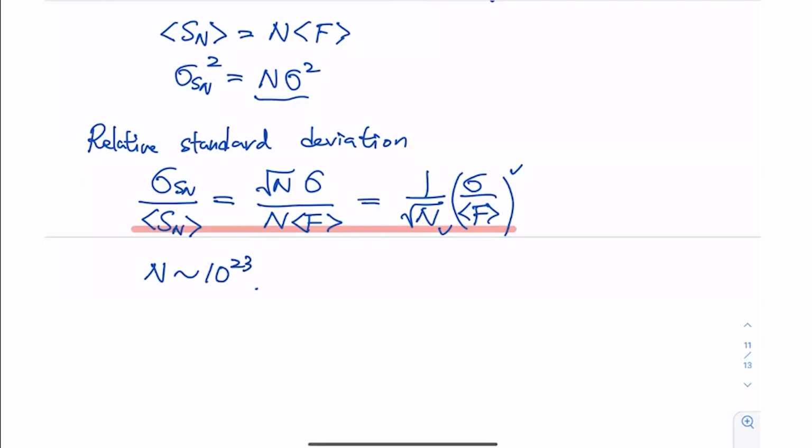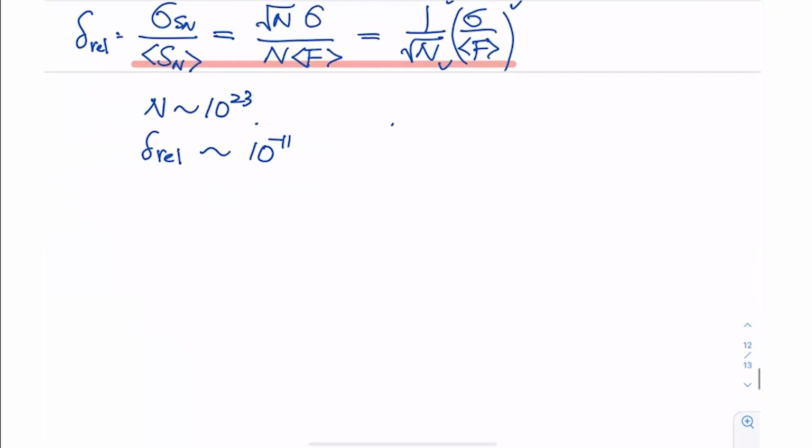So if you put that in, you'll find that the relative standard deviation, let me call it delta relative, is about the order of 10 to the power of minus 11 or something. Okay. So it means that the variance is very, very small compared with the mean value. So that's the magic of the large number.